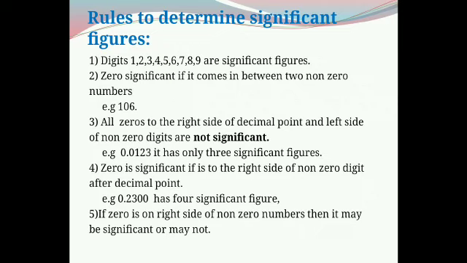Here the significant figures are 4, 7 and 6, and 0 is not significant since it is used to fix the decimal point. The second example is 1024. Here the 0 comes between two non-zero digits and therefore it is considered a significant figure.